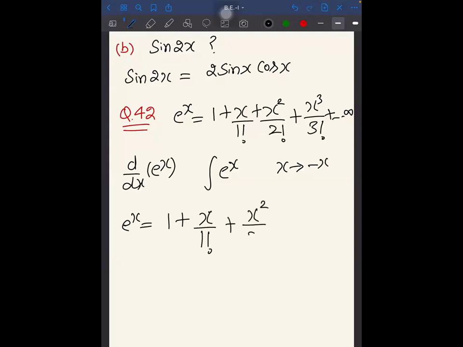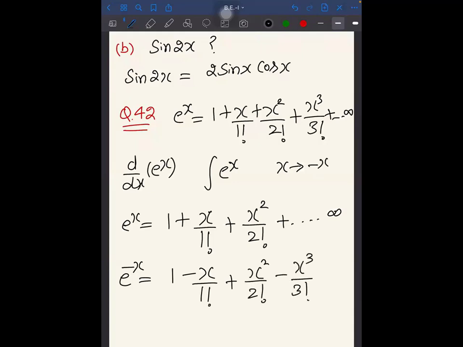Similarly x square by 2 factorial, and so on up to infinity. Similarly, you can integrate. Now if you simply replace x by minus x, you will also get the power series for e to the power minus x. Is it fine? Can you do it now?